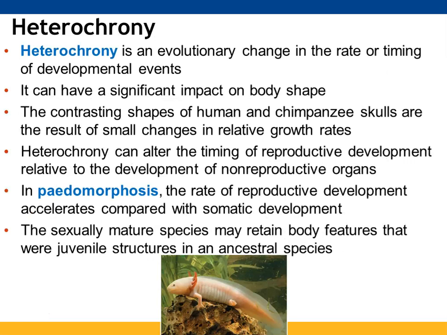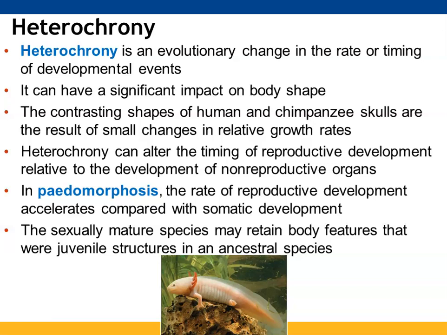So heterochrony is basically going to be an evolutionary change in either the timing or the rate of these developmental events, and that can have a pretty significant impact on the body shape. The different shapes between human and chimpanzee skulls are due to just some small changes in growth rates. It can also have an impact on reproductive development in regards to the development of organs that are not involved in reproduction.